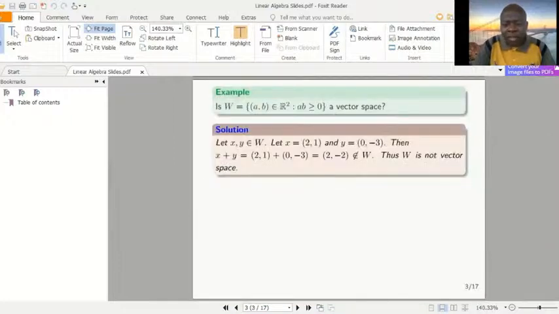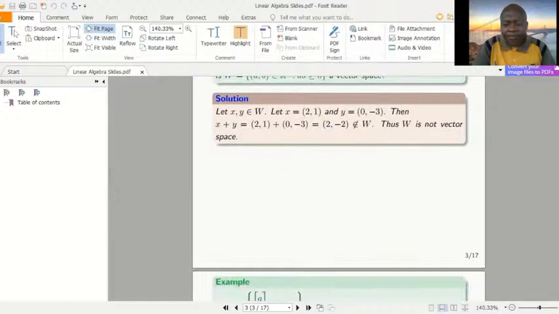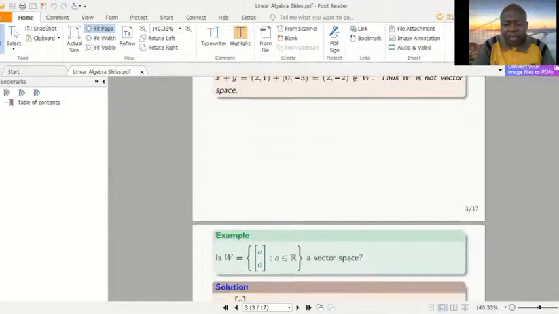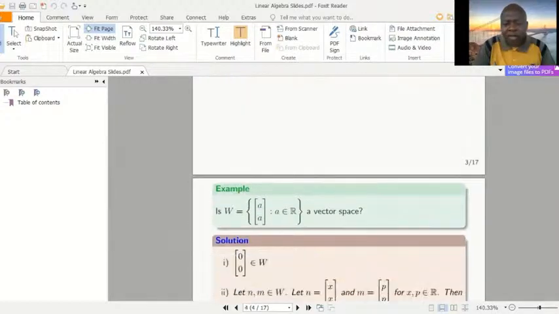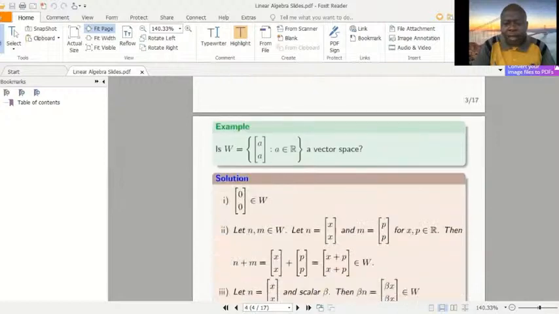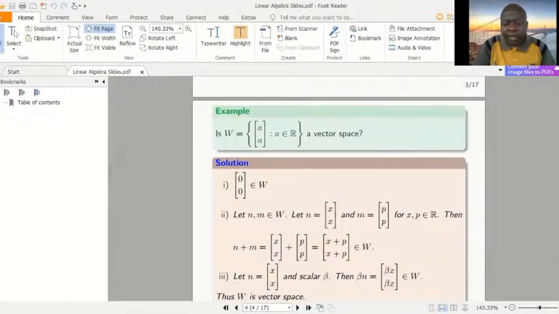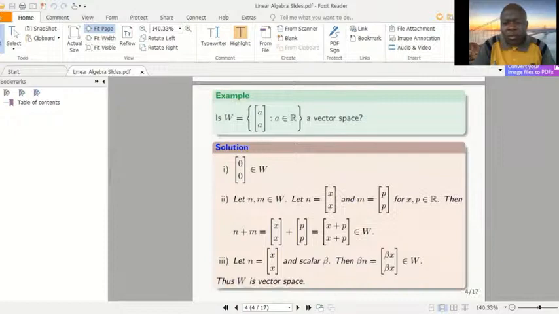And what I'm emphasizing is that when you discover that it will not be a vector space, choose specific examples. But when you notice that it will be a vector space, then you do not choose specific examples, but you prove that it's a vector space using arbitrary elements.